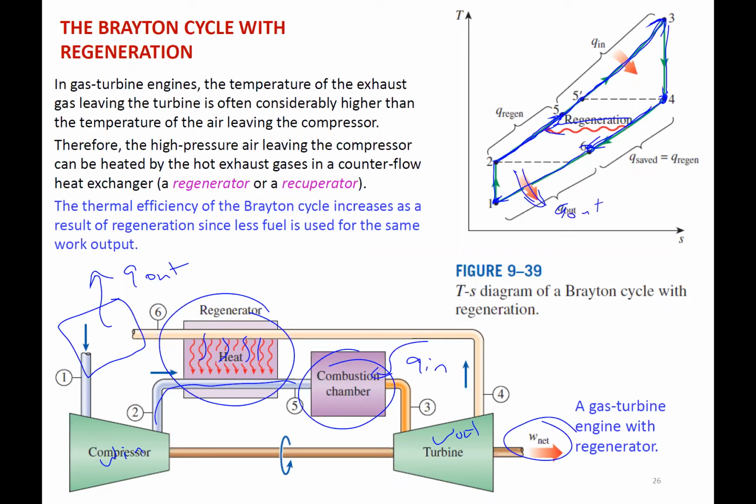So we have Q in, Q out. 1 to 2 has our work in. 3 to 4 has our work out. Our work in and work out did not change at all, right? Because state 1 and state 2 are the same, state 3 and state 4 are the same. So the only things that change are our Q in and our Q out portions.